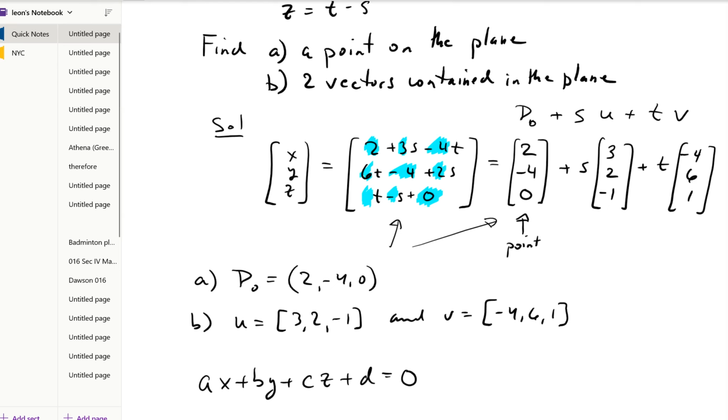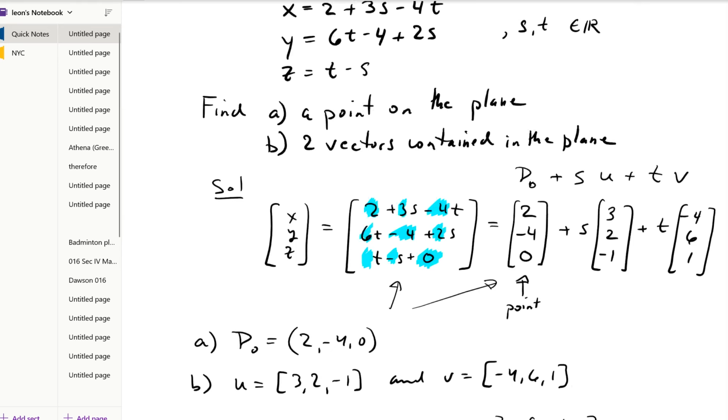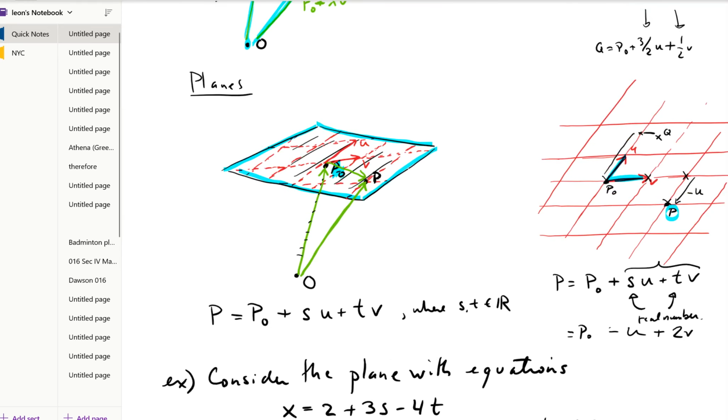Now, to go to general form, I need essentially a, b, and c, which are the coefficients of a vector that's perpendicular to the plane. So you see in my drawing, what I need is a vector n that's perpendicular to both u and v.